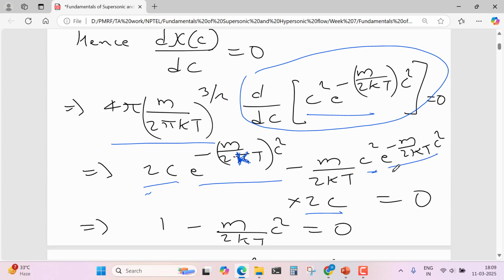Taking it common, it becomes 2c e to the power minus m upon 2kT c square into (1 minus m upon 2kT c square) equal to 0.